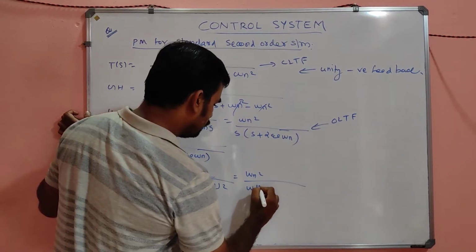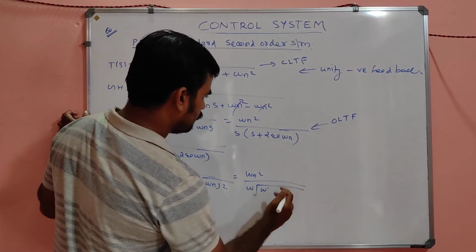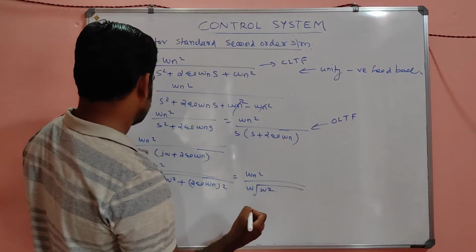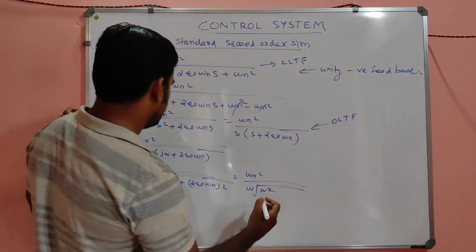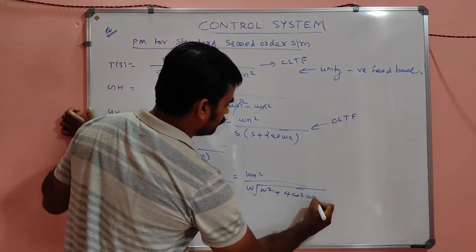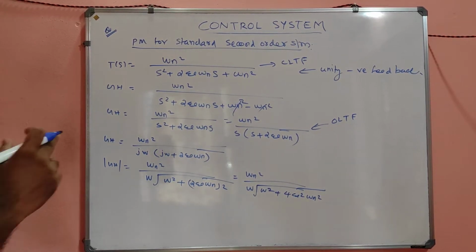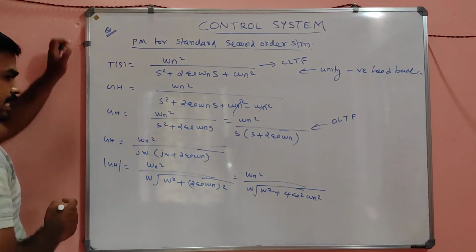So that is the magnitude: omega n square divided by omega into root of omega square plus 4 zeta square omega n square. Correct. Okay, what is the angle, my dear?